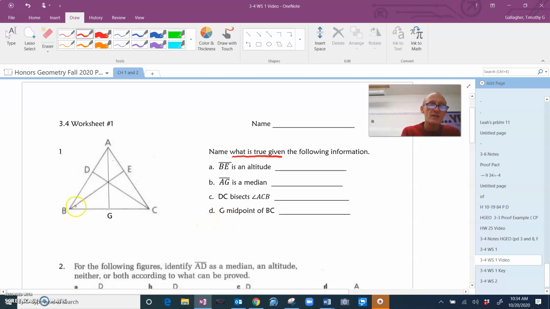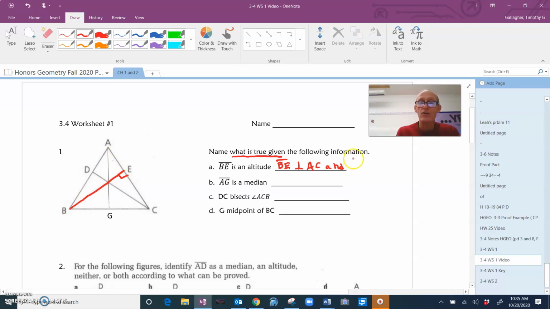So the first one says that BE is a median. So, BE is an altitude. Okay, so what that means is two things, really. It means that BE is perpendicular to AC, and angle BEC is congruent to angle BEA.